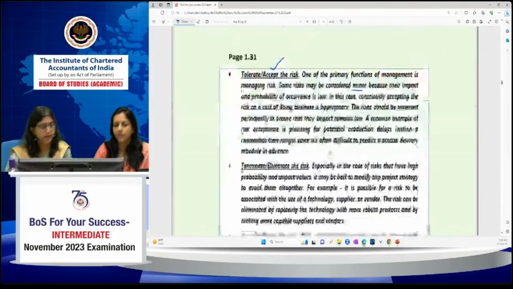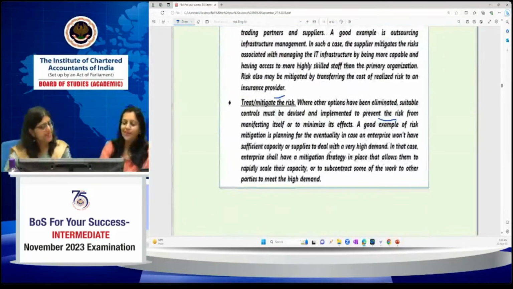Ma'am has given you a very good explanation about how close the options are and how you have to choose whether we are treating, mitigating or eliminating the risk. So when you are reading the case scenario, don't just go for one-go click. Read the point carefully. What kind of risk is there?